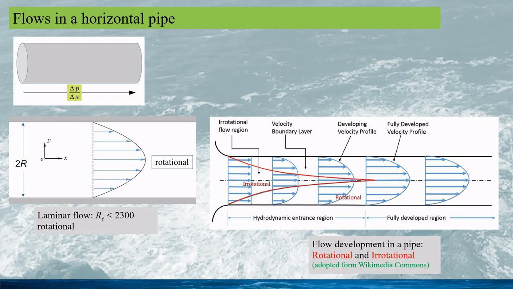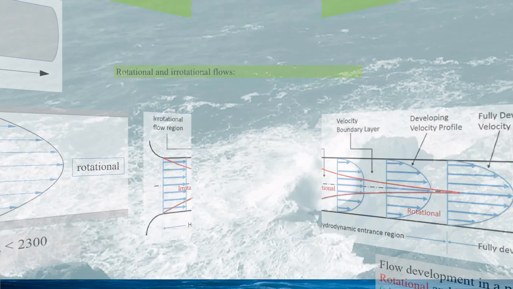And when the flow moves into the pipe, the boundary layers increase with the irrotational portion decreasing accordingly. We can see the red lines here. In the fully developed flow, its velocity profile is parabolic, and the flow here is rotational.